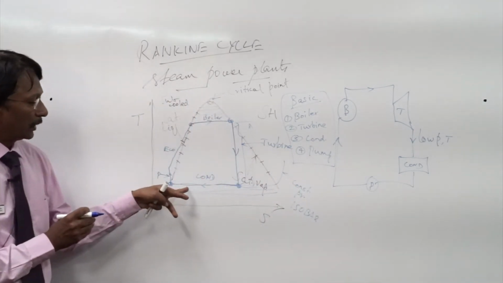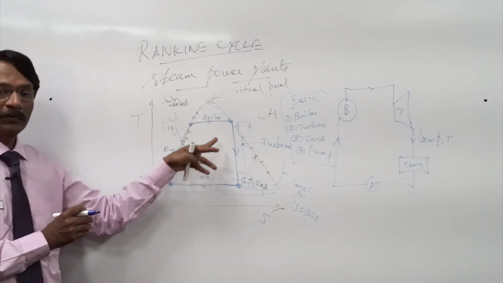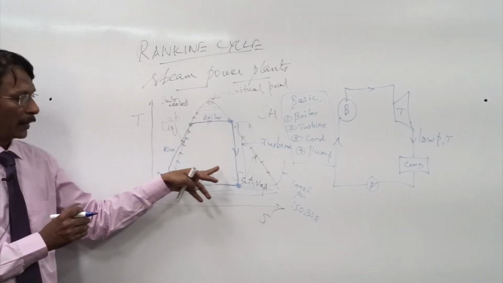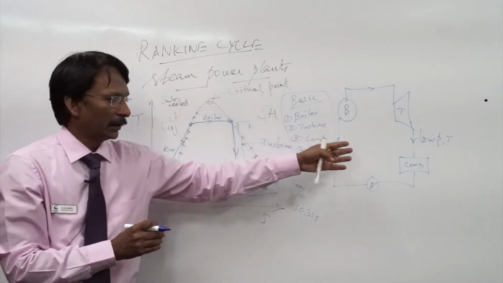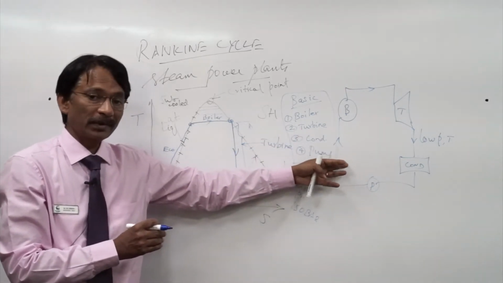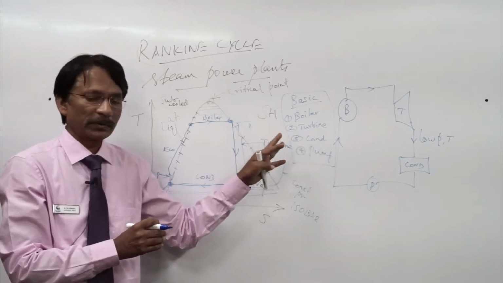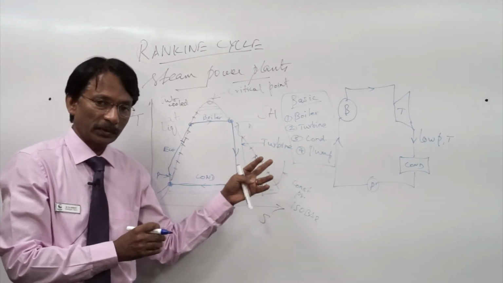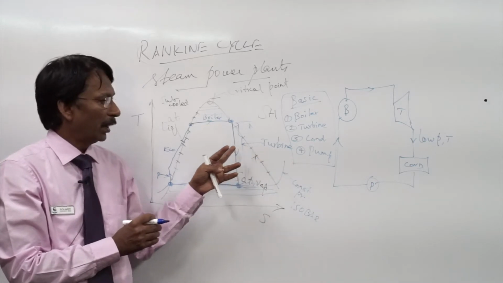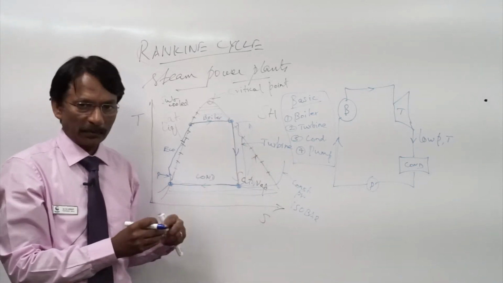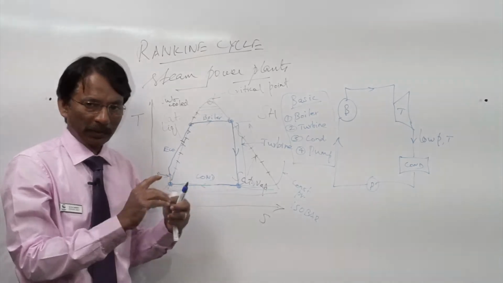So, there are certain modifications you would need if you want the power plant to run at greater efficiencies. There are certain modifications that are possible on the basic Rankine cycle. So, we will look at it.